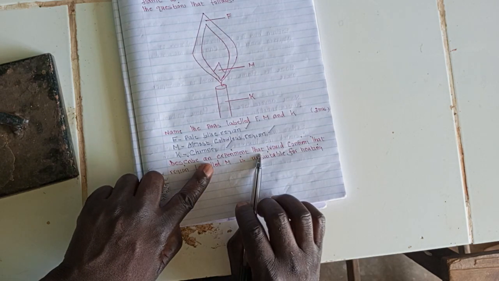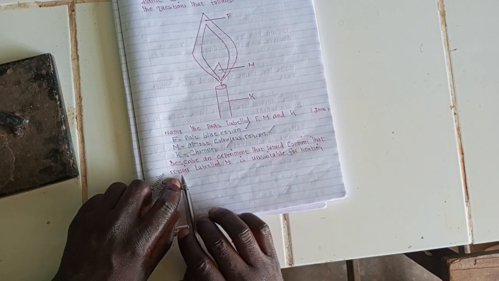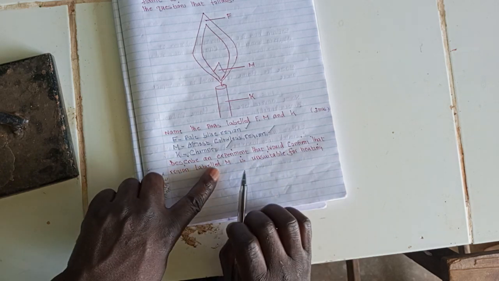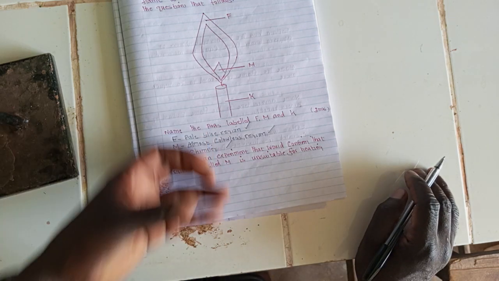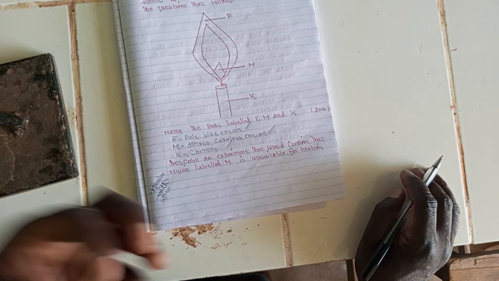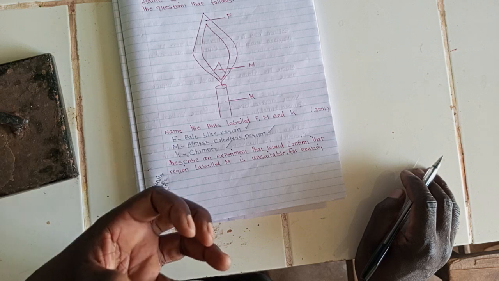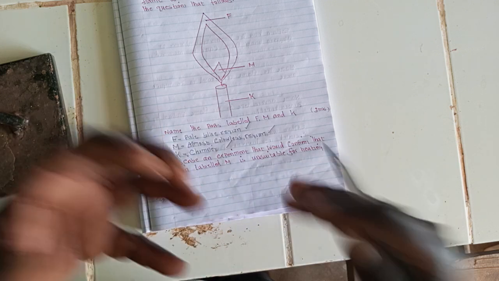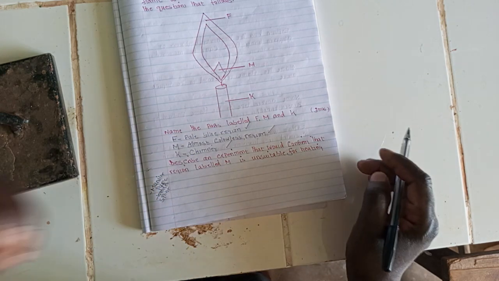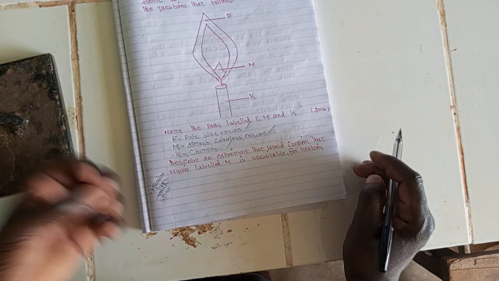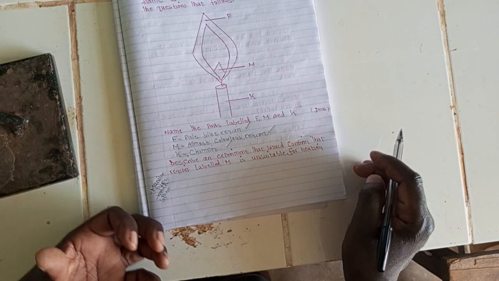Describe an experiment that could confirm that the region labeled M is unsuitable for heating. When describing an experiment, you need the materials or apparatus, for example a manila paper, a wooden splint or a matchstick.